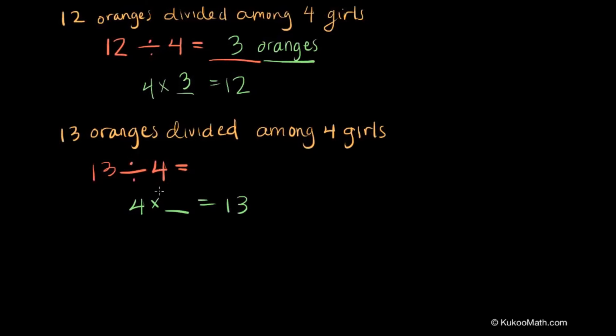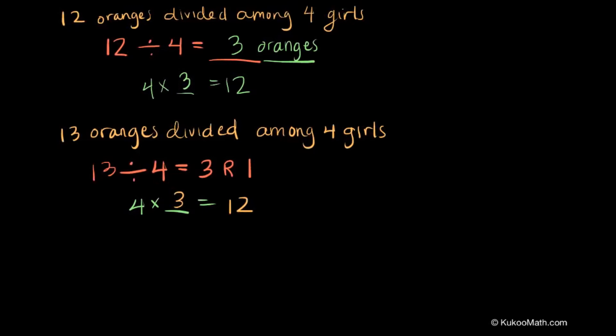So the answer to this division problem, well, you know that 4 times 3 is equal to 12. And then you have the leftover 1. So your answer to the division problem is 3, remainder 1.